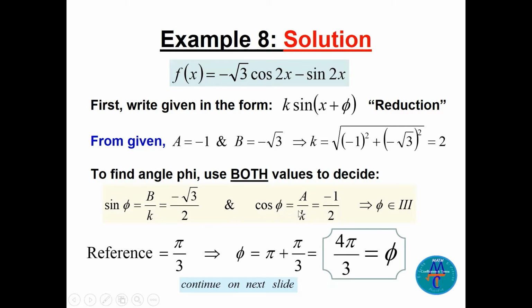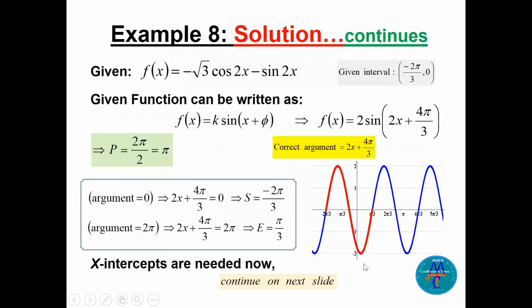Both sine and cosine are negative, so phi will be in quadrant 3. And the reference here is pi over 3, because the cosine is half in value. So in quadrant 3, phi will be pi plus pi over 3, which is 4 pi over 3. Now let's write the given function as 2 sine 2x.